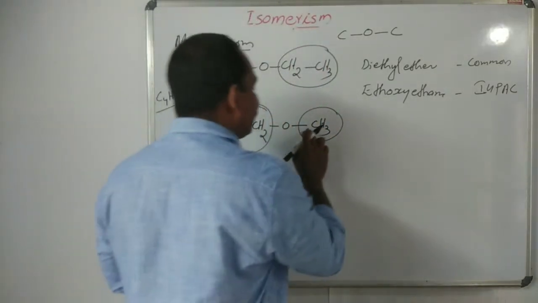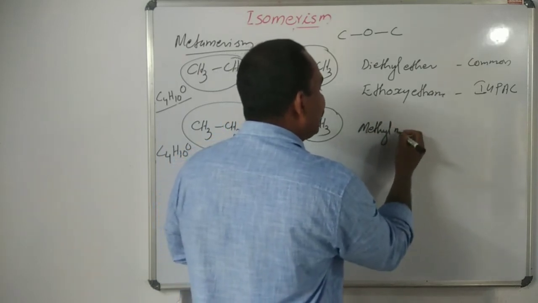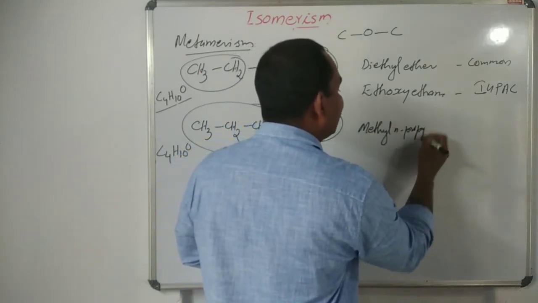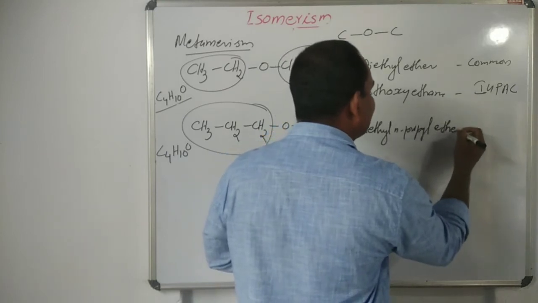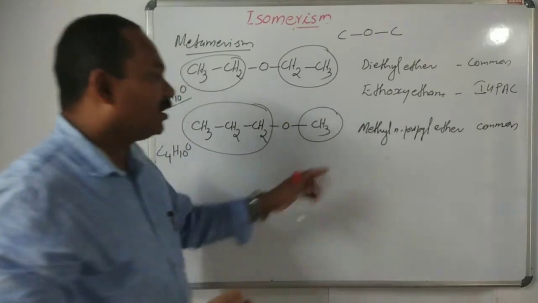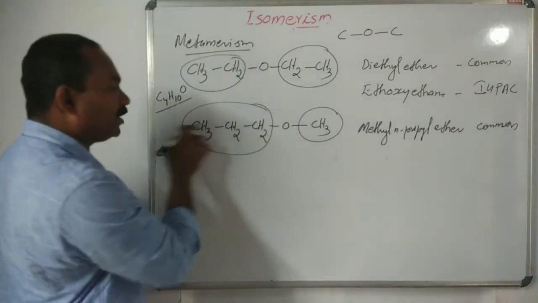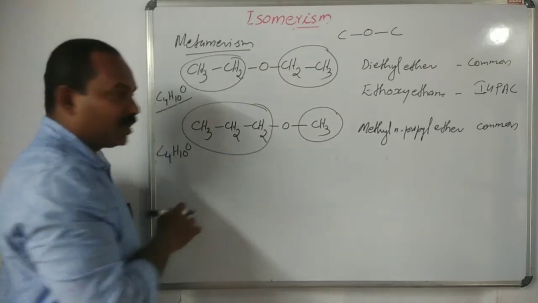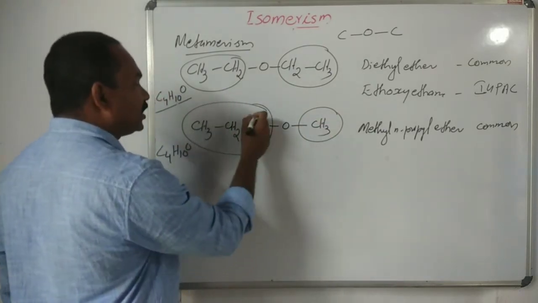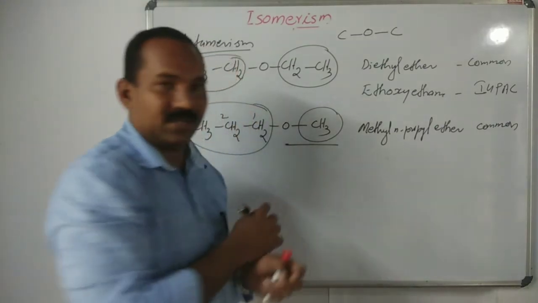What about this molecule? It is methyl n-propyl ether, the common name. This is the methyl group, and this is the n-propyl group. In the IUPAC name, this is the long chain, 1, 2, 3, and the smaller group is taken as alkoxy.